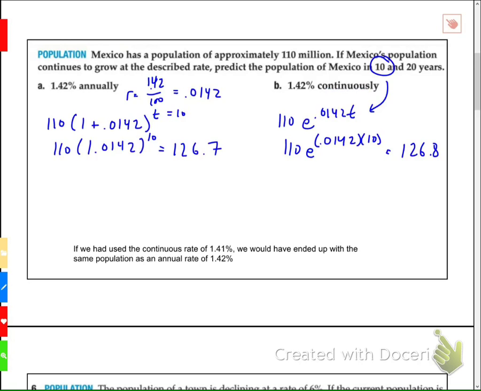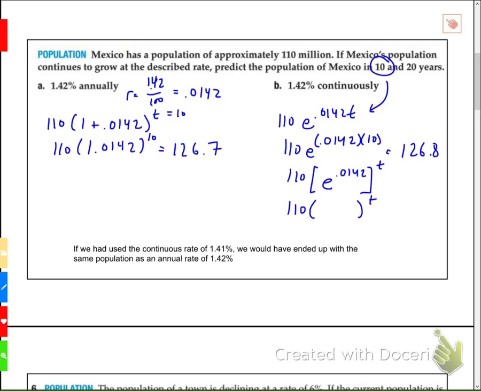Now if I want to know how much faster it grows, what I could do is pull out this e to the 0.0142, separate that out from the t, and make it look like the other one. So let's do in our calculators just e to the 0.0142.